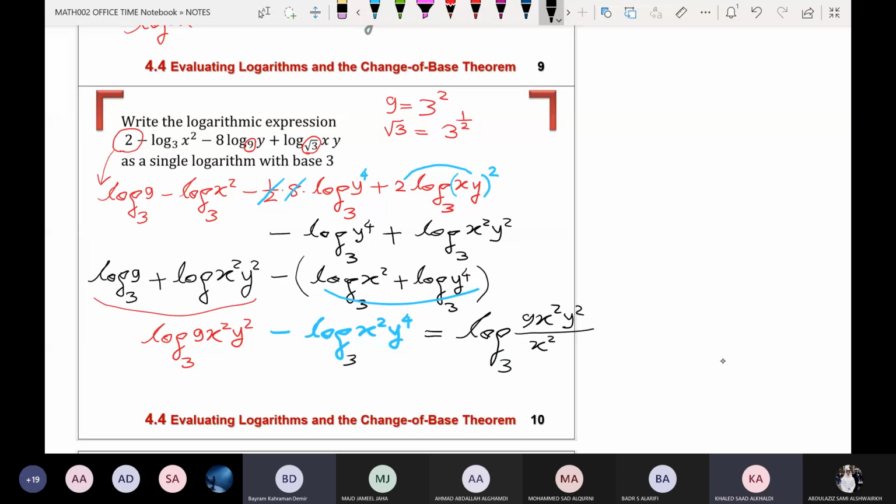So finally we need to simplify, Shabab, right? Simplify. So the final answer is logarithm of 9 over y squared, yes. You see, base 3, Shabab.